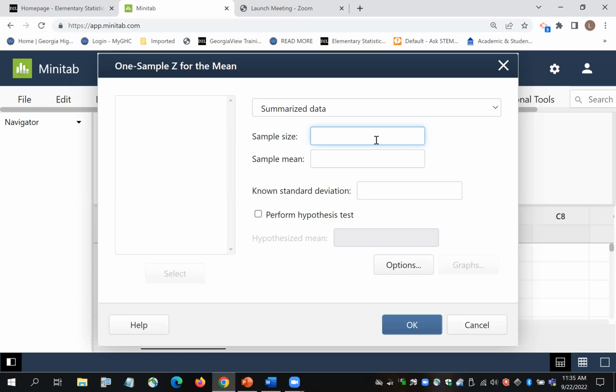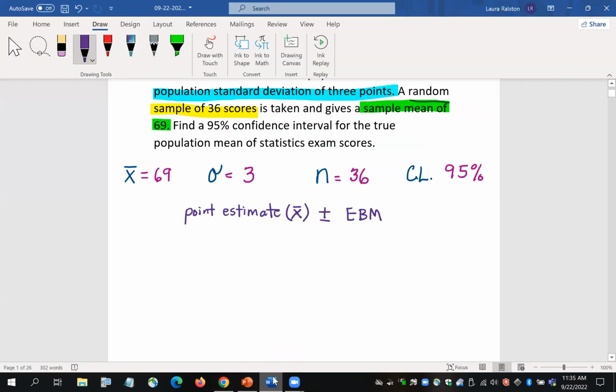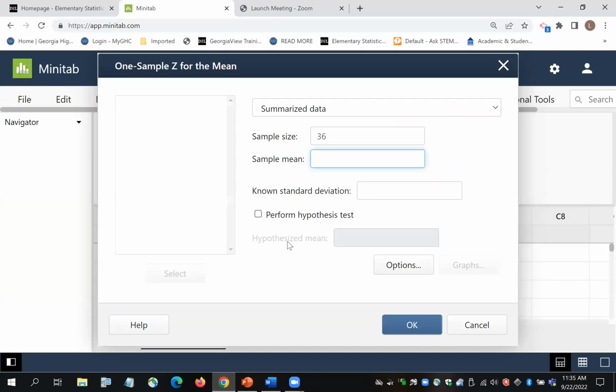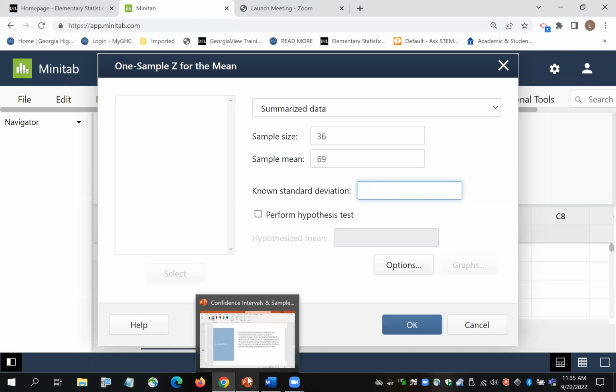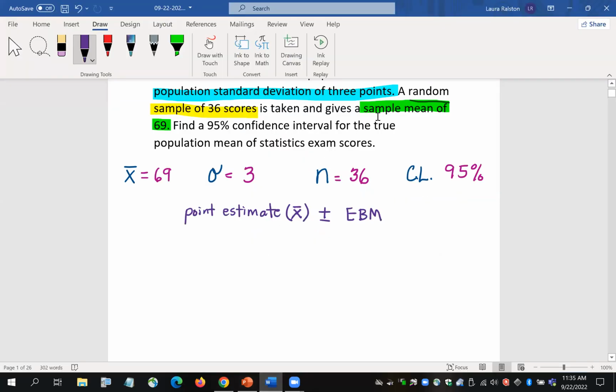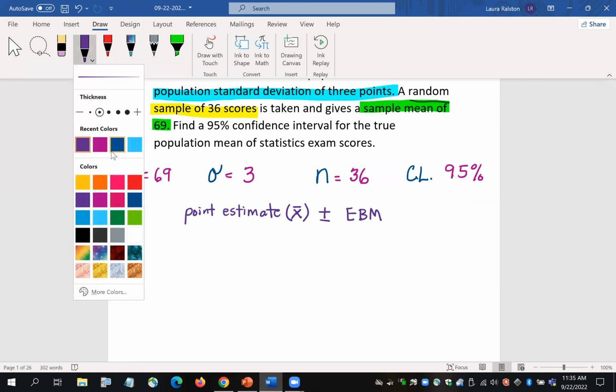The sample size, which was 36, that was given. The sample mean, which was given as 69. The known standard deviation. Minitab refers to your population standard deviation as known.